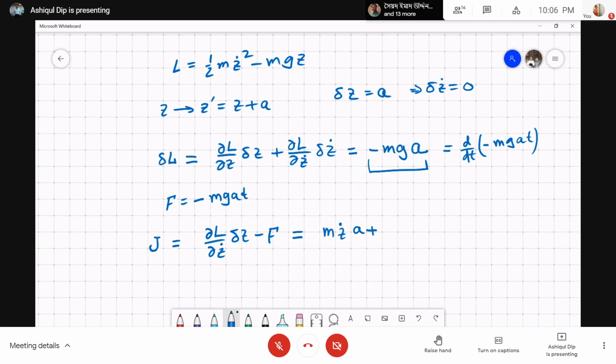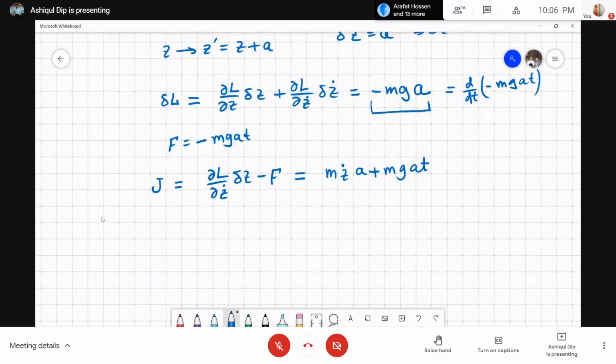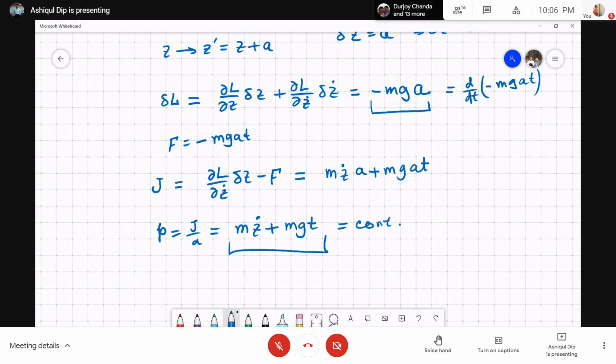Minus mgat. So divide the whole thing by a. This is our conserved momentum, P equals J by a, which is m z dot plus mgt. This thing is constant. This is a conserved quantity of motion.